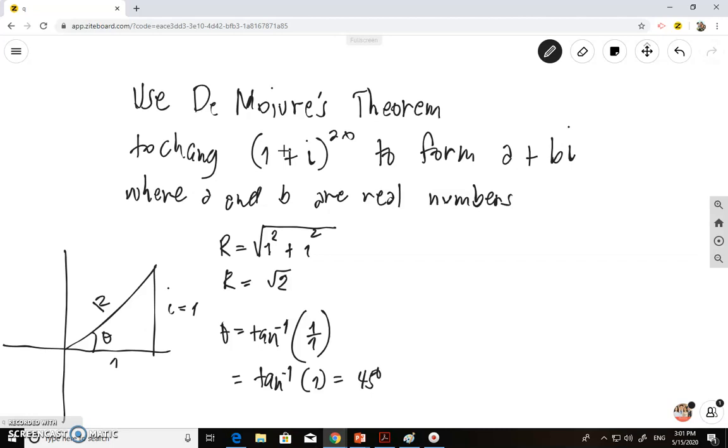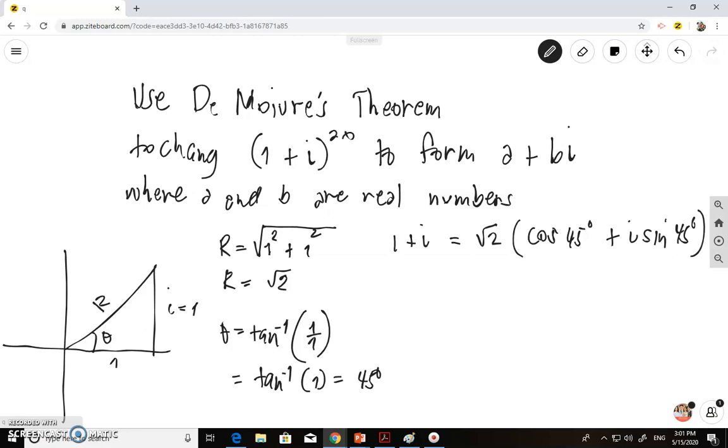So we can write 1 plus i in the form: the square root of 2 times cosine 45 degrees plus i sine 45 degrees. But what if we have the exponent?